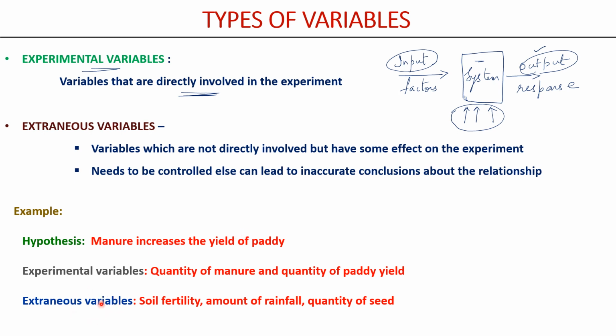Such variables which are not directly related are called extraneous variables. And our motto in design of experiments is to minimize the effect of these extraneous variables which may deviate the conclusion of that particular experiment. So let's look at the objectives further in the next slide.